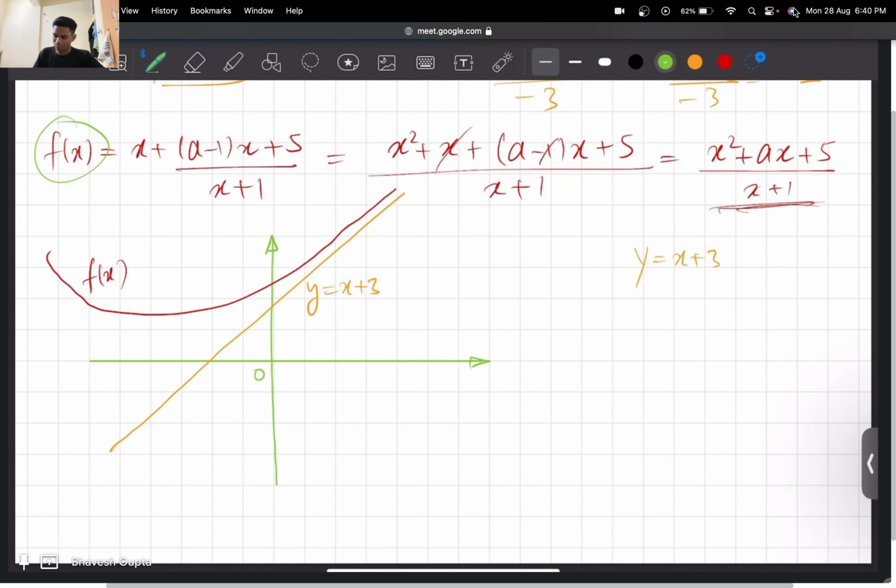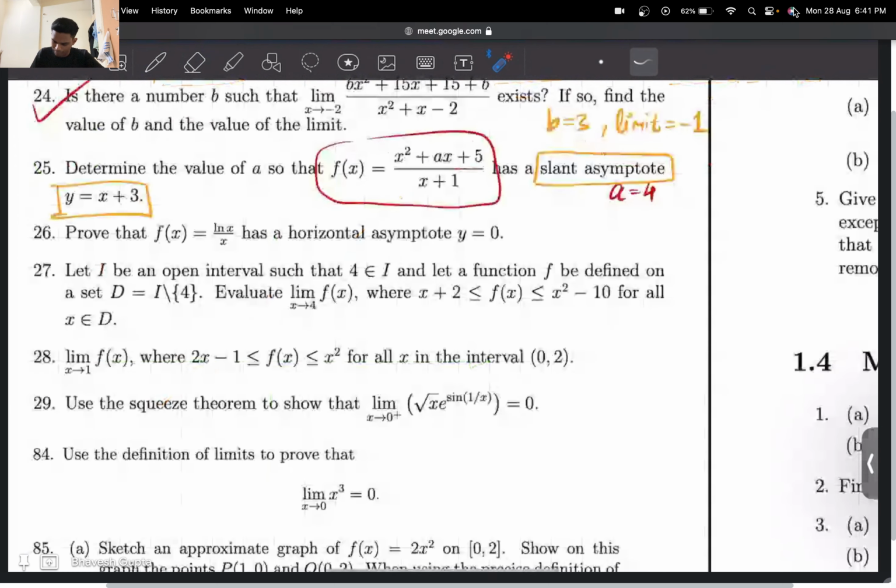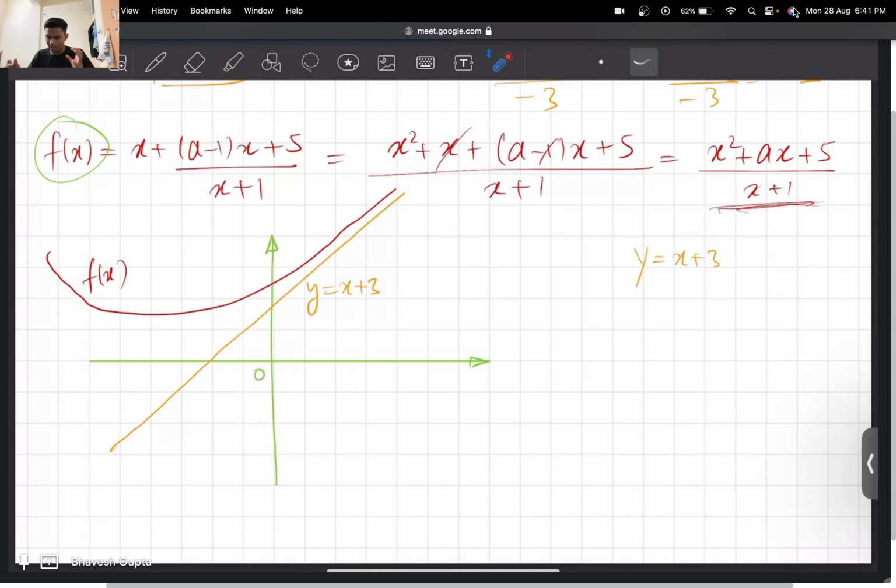So what the question tells you is to calculate the value of a, basically do some adjustments in your function such that the function makes an asymptote with this particular line which is given in the problem, right? And the way it can make an asymptote is if I'm able to match this, because that's what an asymptote is. You can see this is an asymptote.